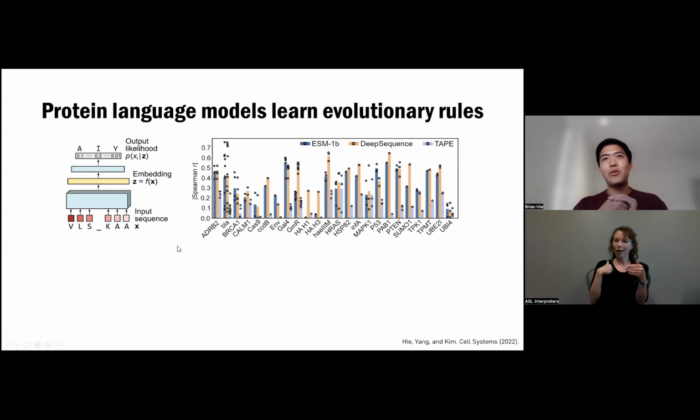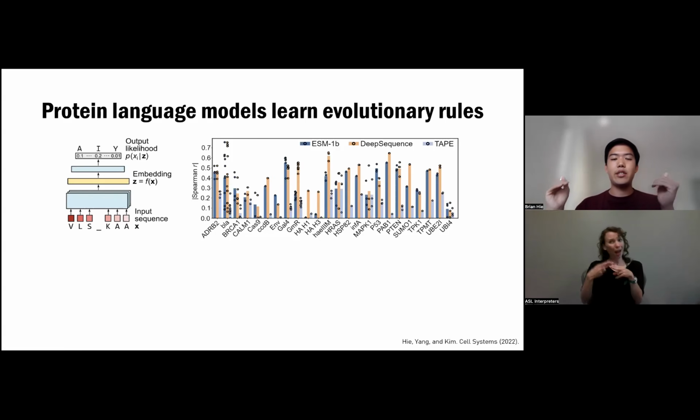fascinating, and still surprises me a lot, is that if you just look at the likelihoods that are learned by this language model when you train them over these large sequence corpuses, in many cases they have fairly high correlation with experimentally determined measurements of fitness, and these are highly specific laboratory-defined measurements of fitness. So for example, for beta-lactamase, you look at ampicillin resistance.